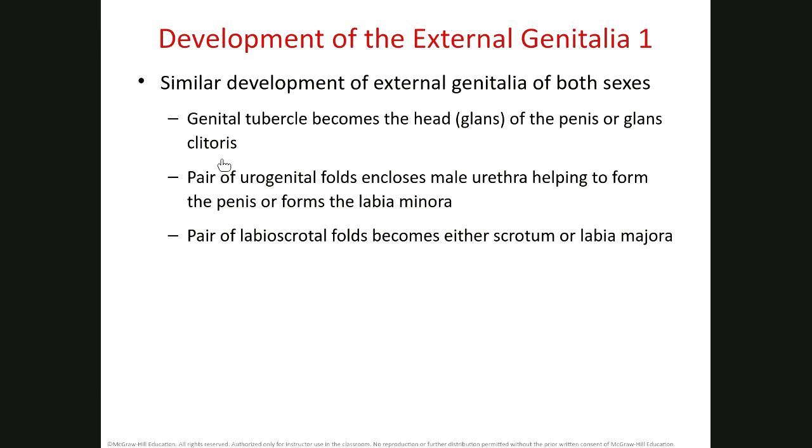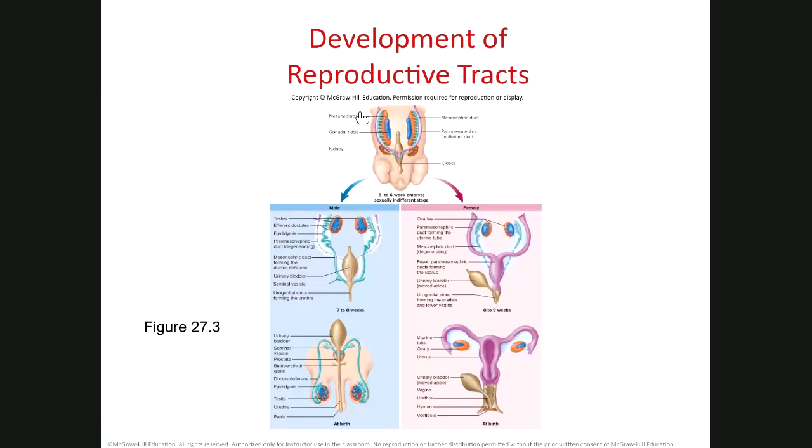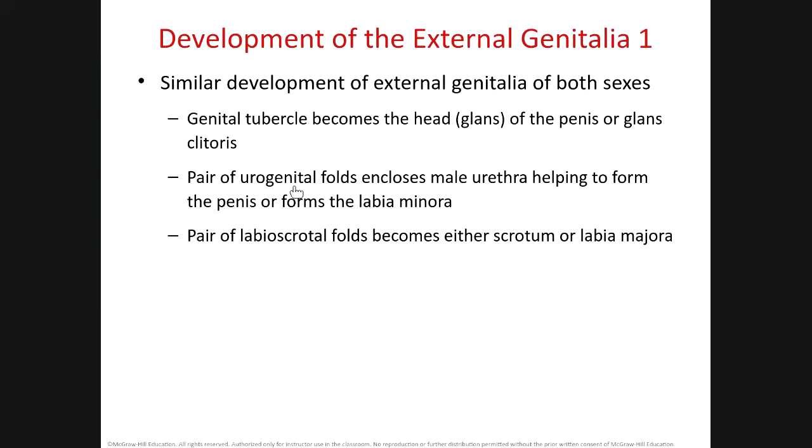The urogenital fold becomes part of the male urethra, and the labia minora in the female. The labioscrotal fold becomes the scrotum or labia majora. So keep in mind, we both have all of these.